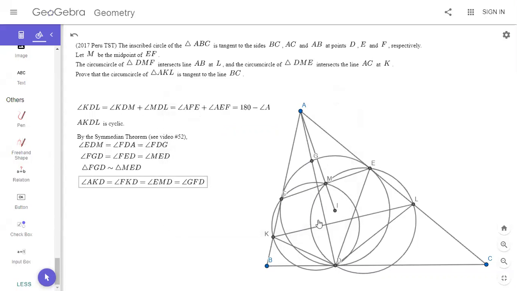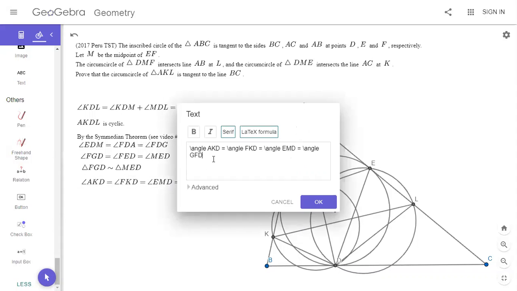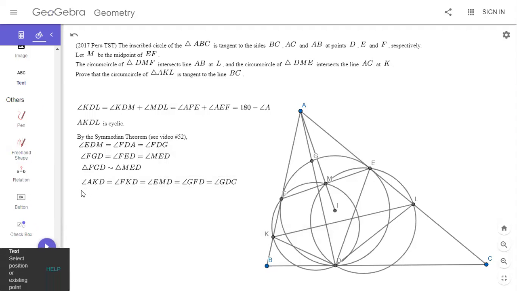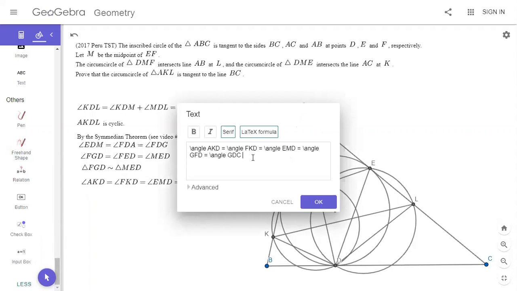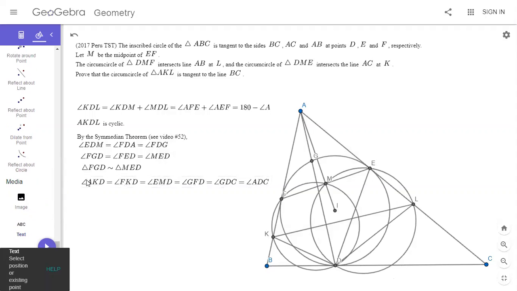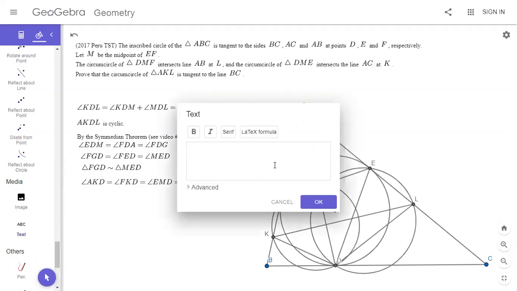And GFD is equal to GDC. So if AKD is equal to ADC, then that means BC is tangent to the circle of AKL.